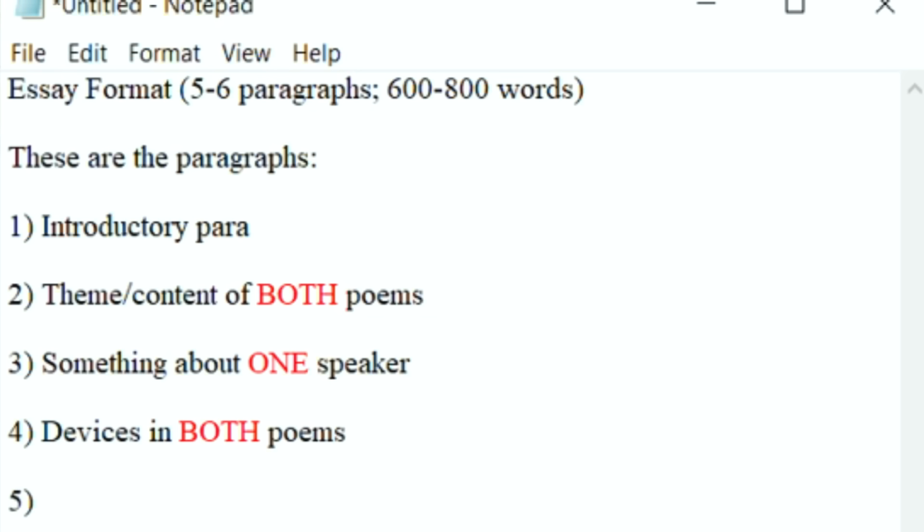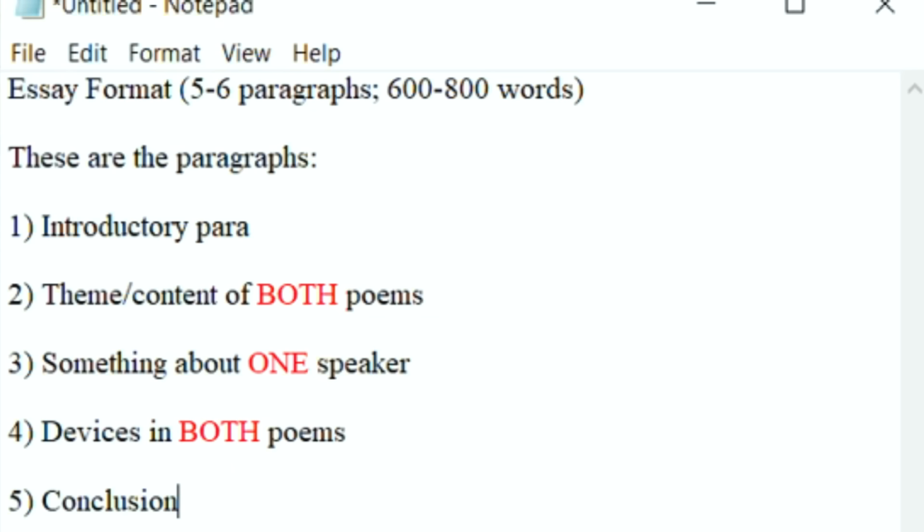The final paragraph is going to be your conclusion. I'm going to get into how to write a good conclusion. It's a common misconception, a mistake students often make. They think that a conclusion is just one sentence. "I hereby conclude my essay." That's not a conclusion. We'll go into how to write a proper conclusion.